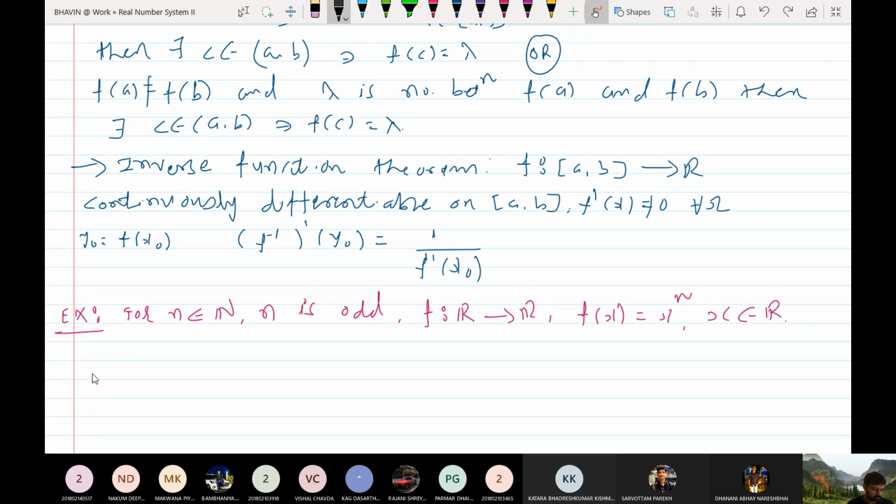Okay. Now the first question is, is f increasing?